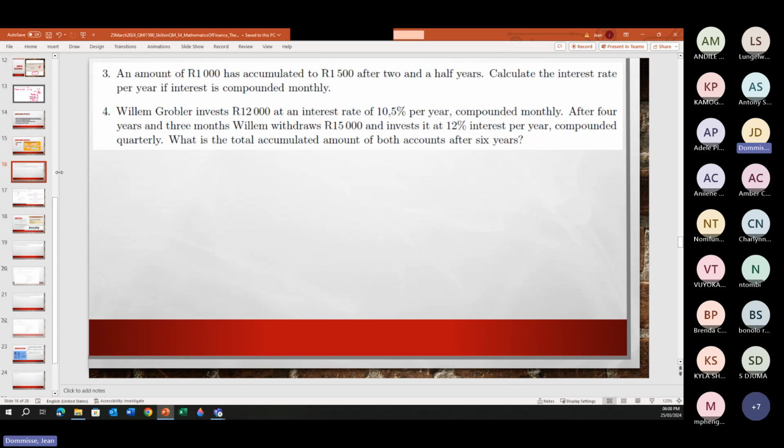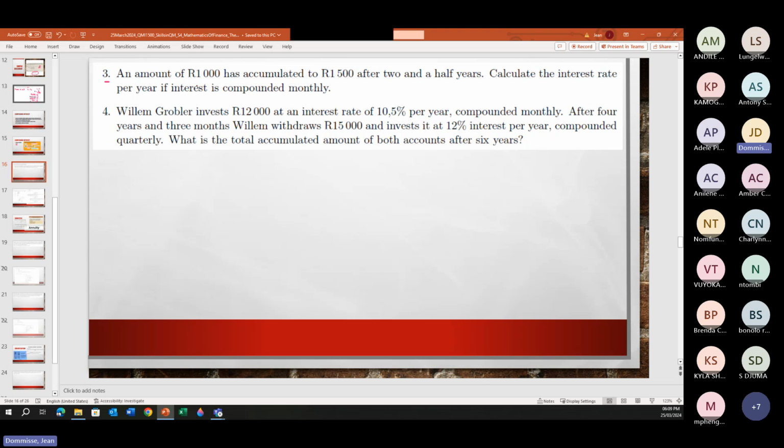I'll draw a timeline for you for the second one, and then you can try that later on. If you need help working it out, you can always ask on the WhatsApp group, saying you've looked at the recording or the question and can anyone assist, and we will work through that. Okay, so let's look at question 3.